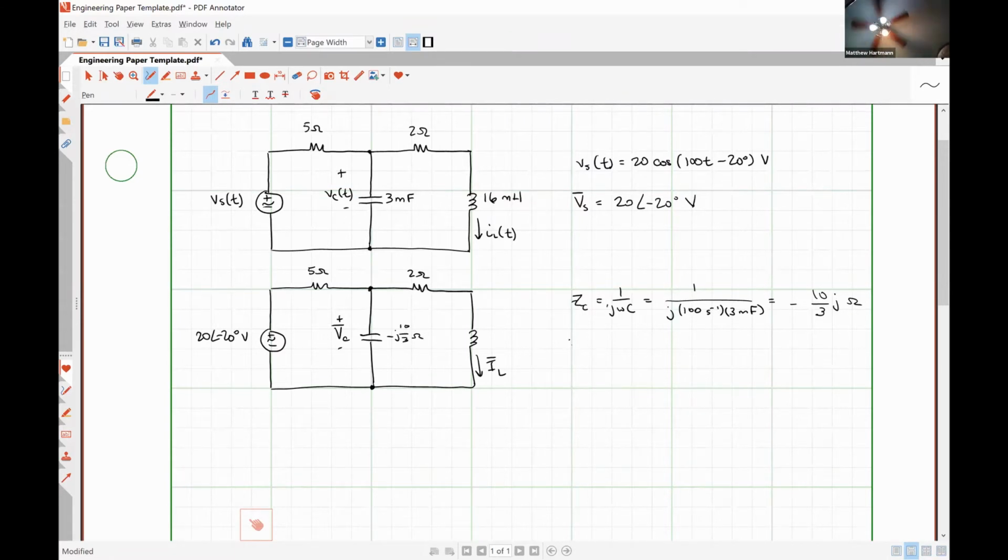And the impedance of an inductor is j omega L. So that'll be j times 100 per second times 16 millihenry. So that's 100 j times 16 times 10 to the minus 3. 1.6 j ohms.